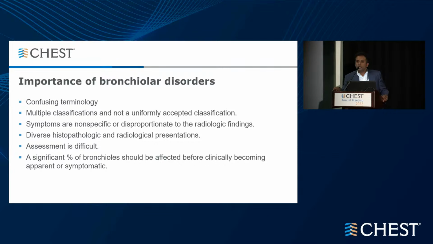Number 2, there are multiple classifications and not a really uniformly accepted classification. Number 3, symptoms are non-specific or disproportionate to the radiological findings. It has several diverse histopathologic and radiological presentations. And assessment is difficult because a significant percentage of bronchioles need to be affected before clinically being manifest.